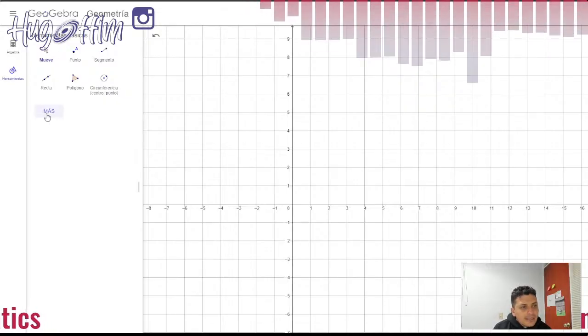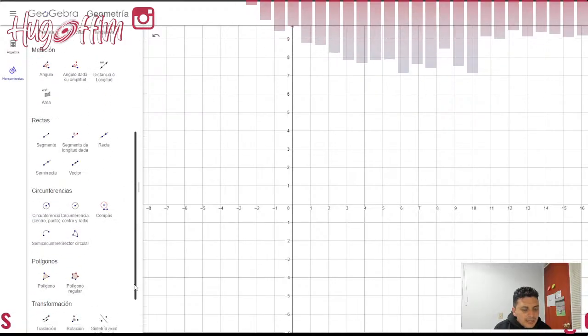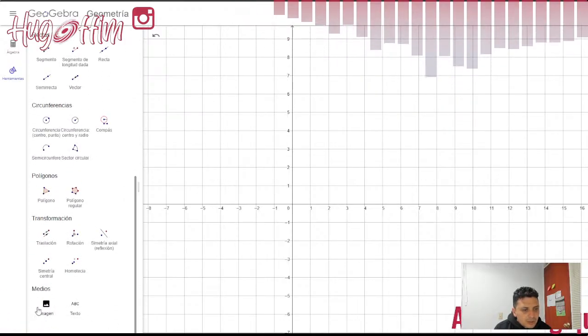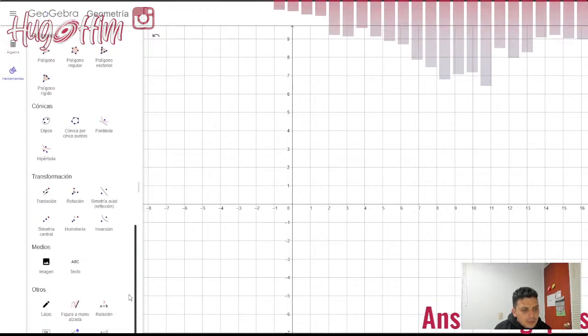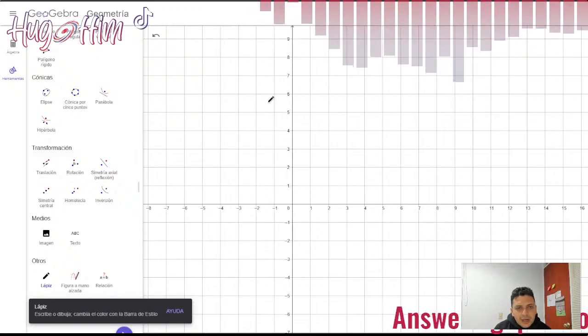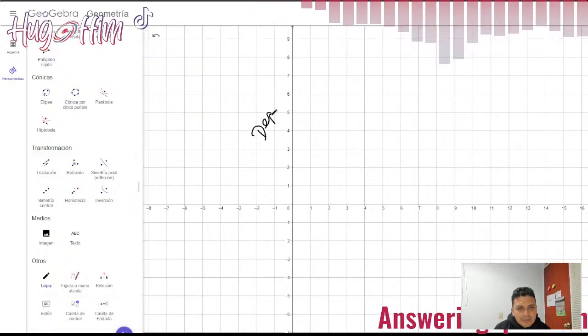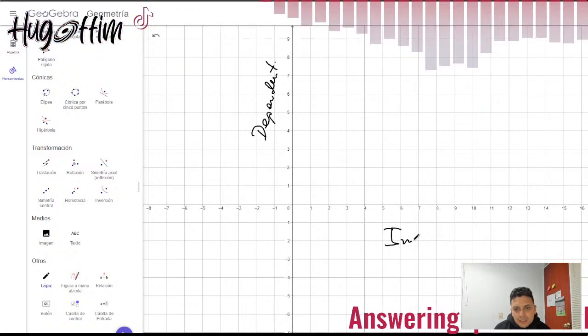So the main idea is that you understand that first we're going to put, let me see if I can find here. Yes. So here I'm going to put dependent variable, and here I'm going to put independent variable.